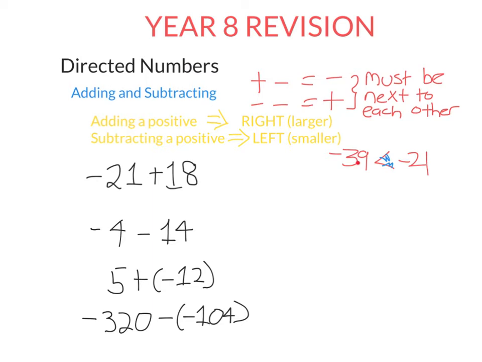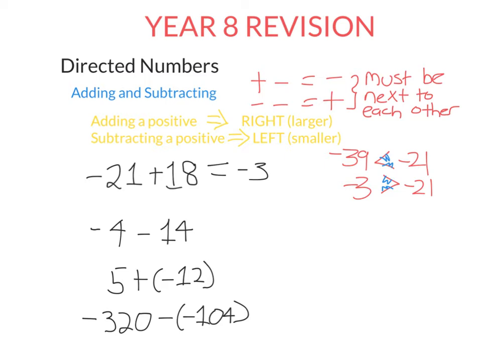So the answer can't be minus 39 because when you add 18, when you add a positive, you're making the number larger. So then what is the answer? Well, hopefully you can see the answer here is just minus 3. That makes sense because minus 3 is actually greater than minus 21. Once again, I knew which way the inequality goes because the crocodile eats the larger number.